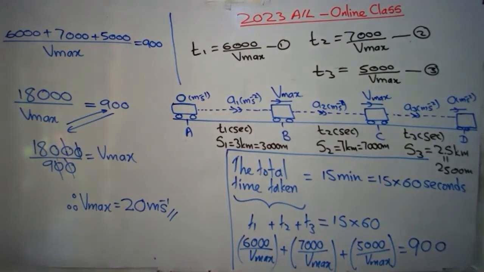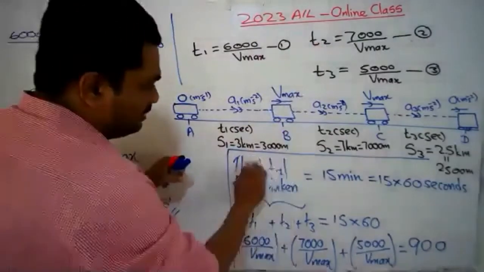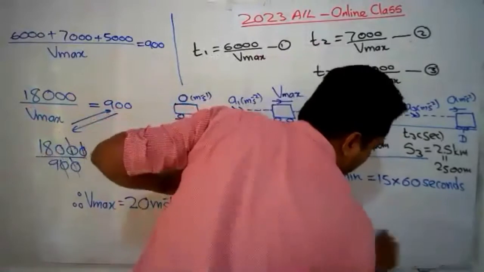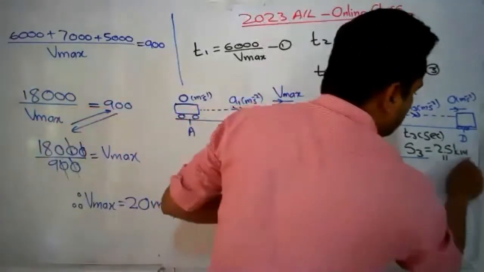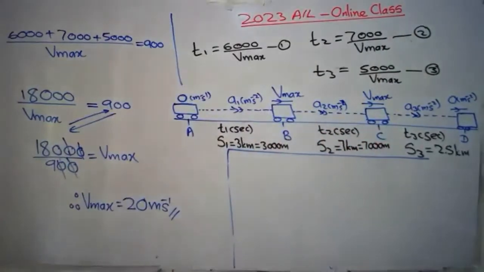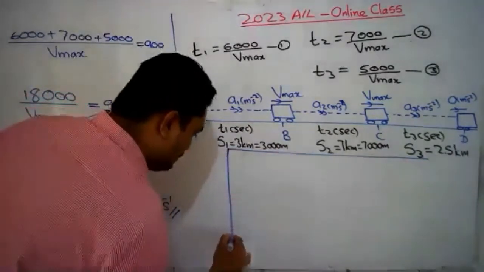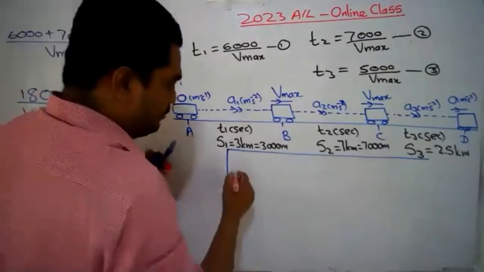After that, let's find T1, T2, and T3. That's what we should do next, right? So let's try to find T1, T2, and T3. I can use the first equation to find T1.